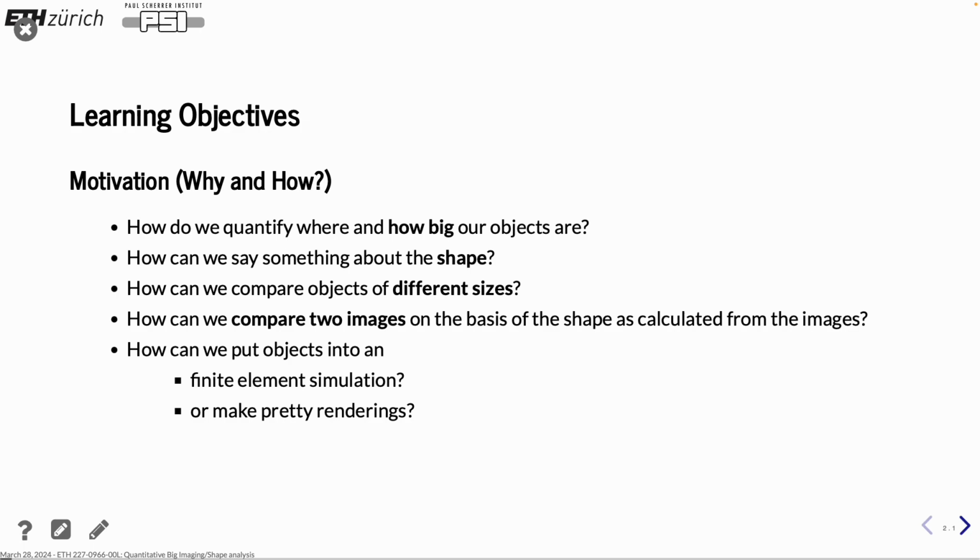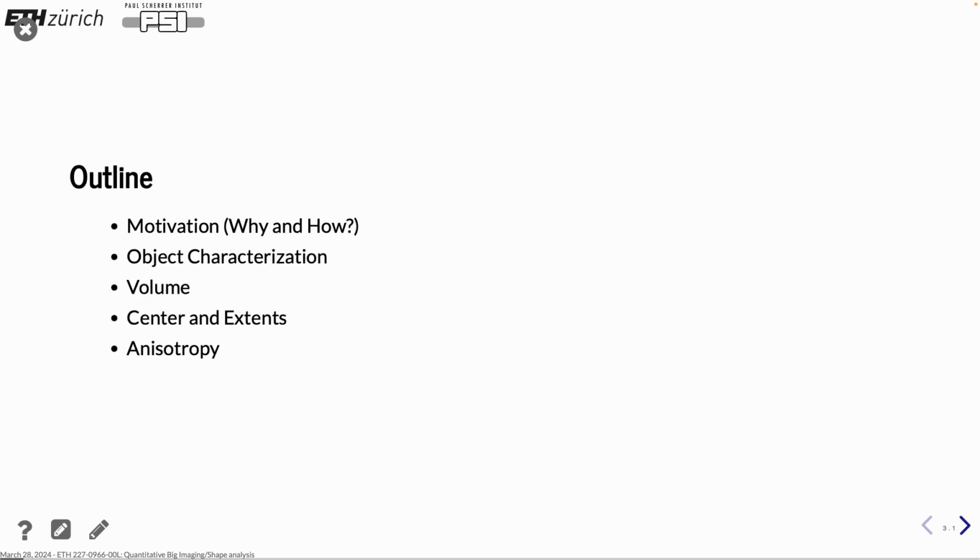So this is what the first part will be about. What we are going to look into is object characterization, measure volume, also finding center and extents, looking into anisotropy, and so on.